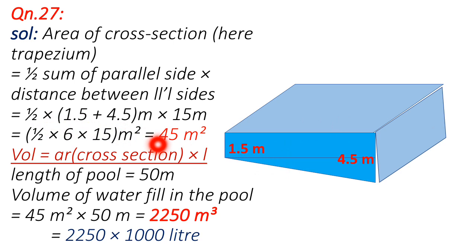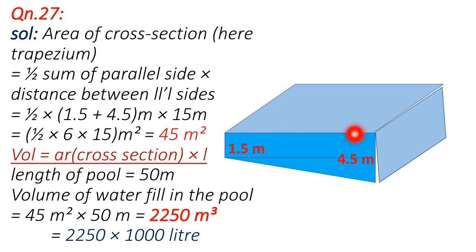So the area of that cross section is 1 by 2 into 1.5. You know the area of trapezium, this cross section gives the shape of trapezium, so we are using that formula for the area of trapezium, that is 1 by 2 into sum of the parallel sides. This one and this one are the parallel sides, and you can mark here 15 meter, because I forgot to mark 15 meter, so just write down 15 meter here, that length.